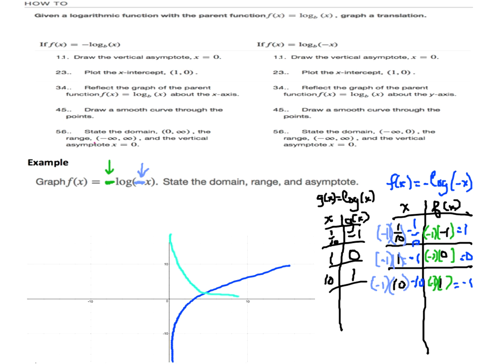Let me try that again. If I reflect over the x-axis, it's going to look like that. And then if I reflect over the y-axis, from my reflection over the x-axis, it's going to look like this.